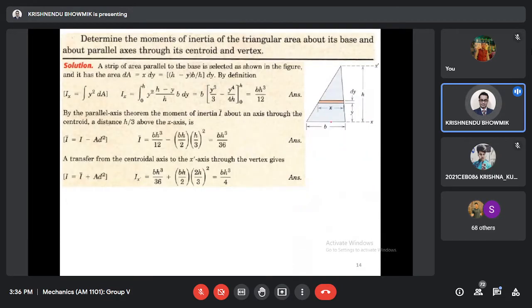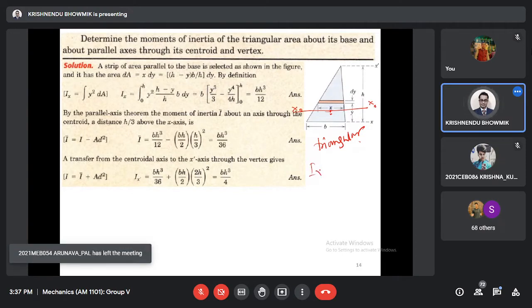Now for the triangular shape cross section, what we have learned is that if this is the CG location, say x0, x0, then we got Ix0x0.